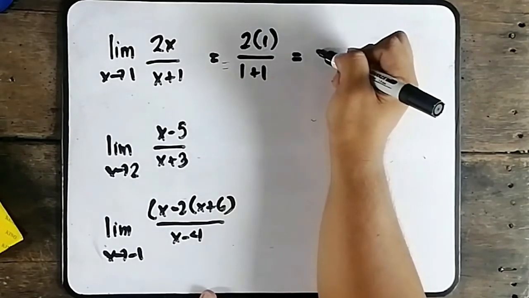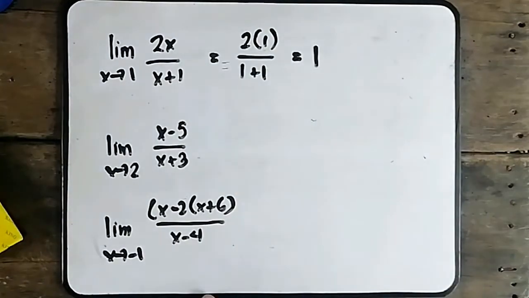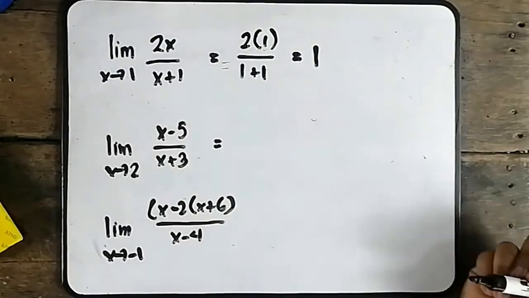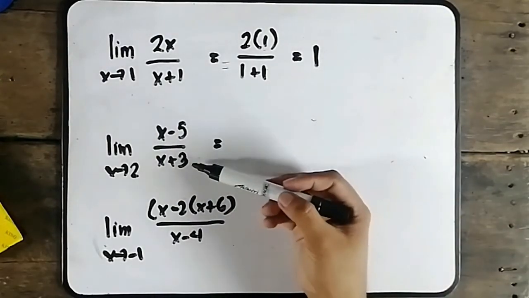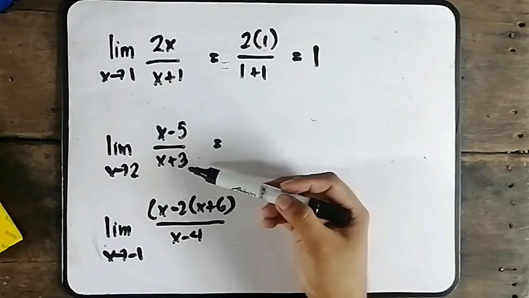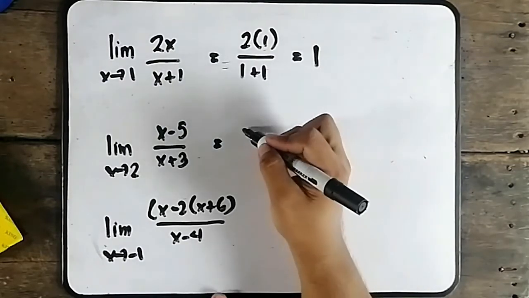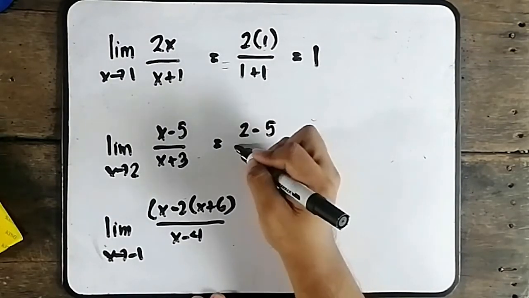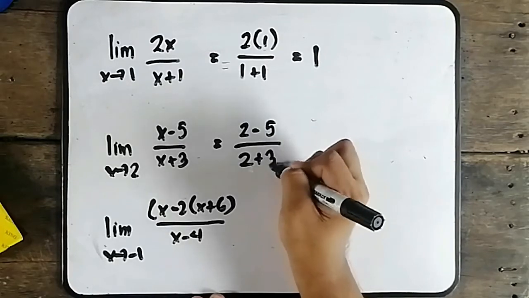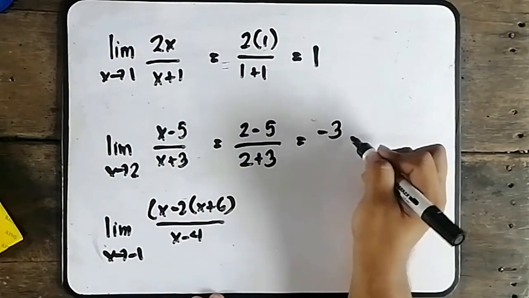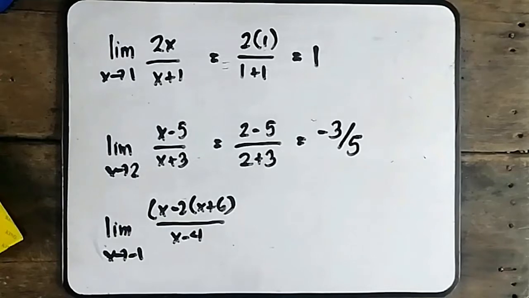This is equal to 1. Ganon din dito sa pangalawang example. Polynomial to, polynomial din to, at ito hindi siya equal to 0. So we have 2 minus 5 over 2 plus 3. So that is negative 3/5.